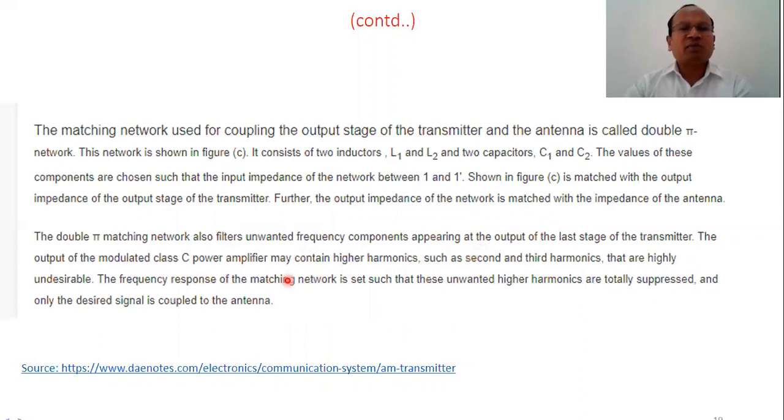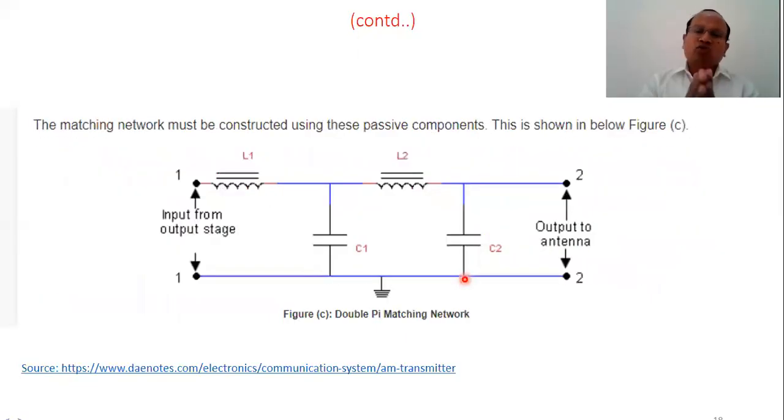The output of a class C amplifier may have higher harmonics, second and third harmonics, which are not wanted and have to be suppressed, and that can be done by the coupler. So as I told you, this circuit is used to provide matching as well as to filter the unwanted signal which is present in the output of the class C power amplifier.